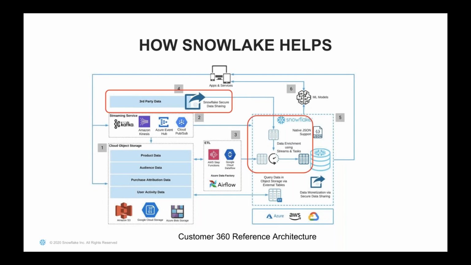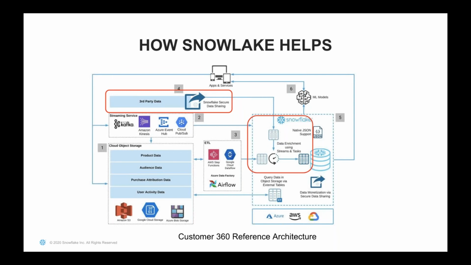And that can then be used as one of the sources, along with our data sharing feature, for you to combine and enrich third-party data together with your streaming data, with your data that sits out in object store.